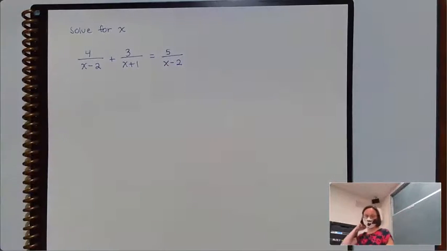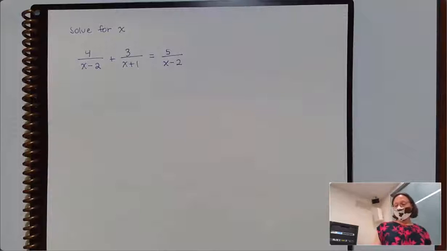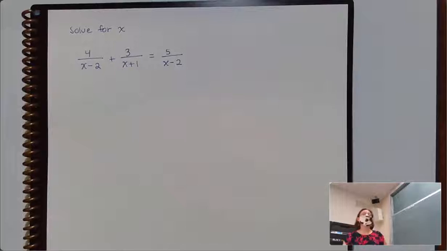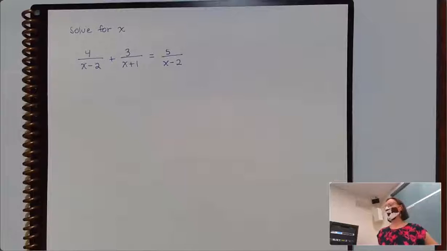Okay. We have fractions, but we also have an equal sign. So I know that if I need to solve this, I do not have to get a common denominator. I can eliminate the fractions instead.